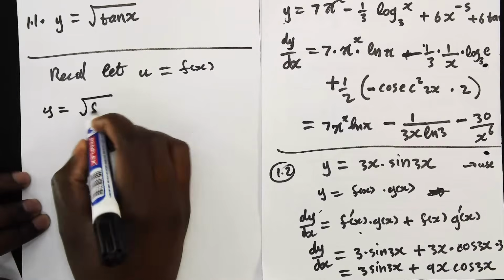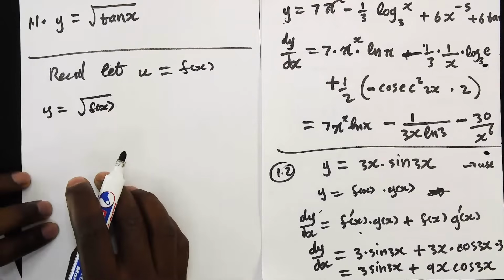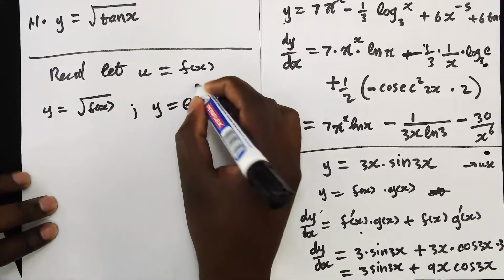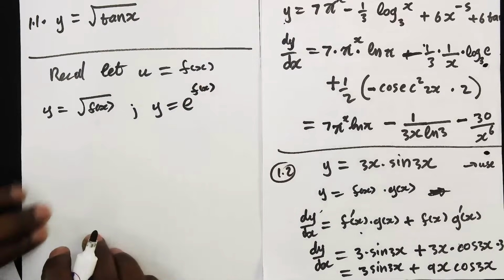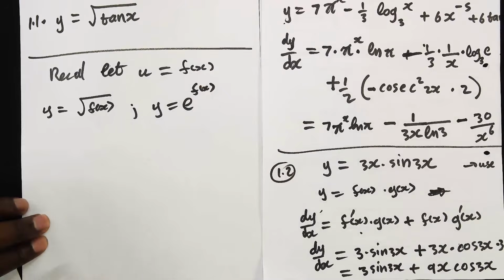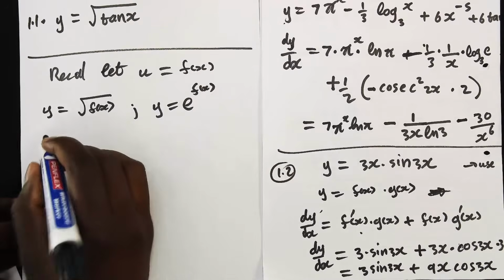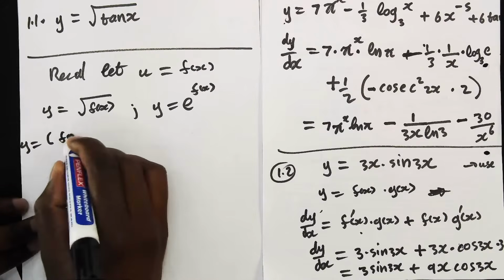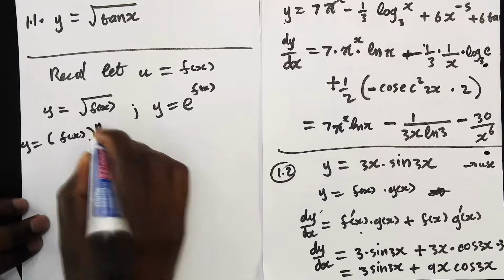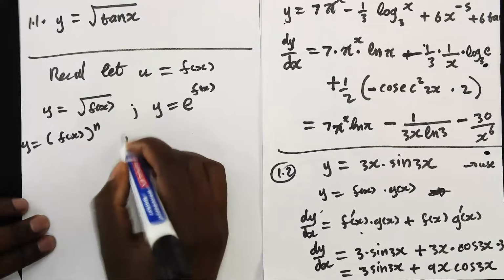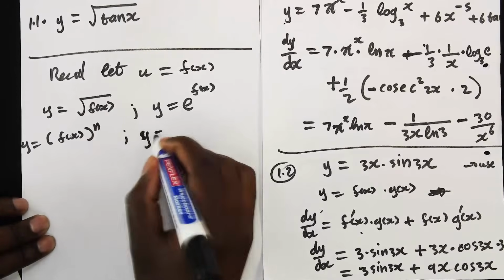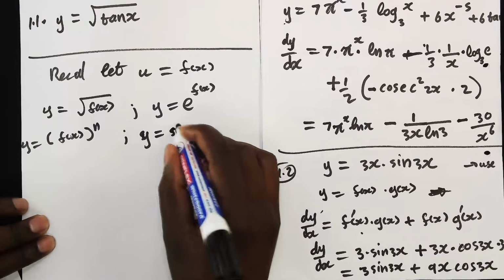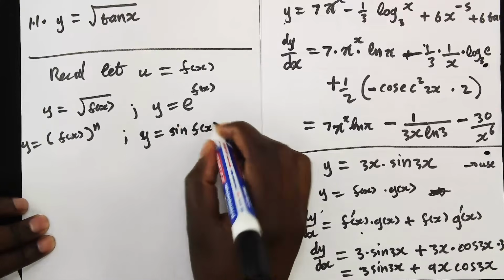The f of x is inside a square root, or in an exponent, or let's say we let the exponent be f of x. Or in the nth bracket, to the power of n. Or something which can be inside a trigonometric function. Let me utilize sine, f of x.